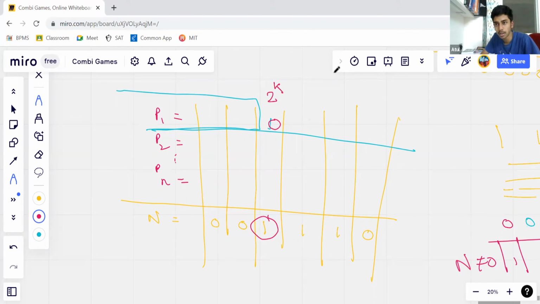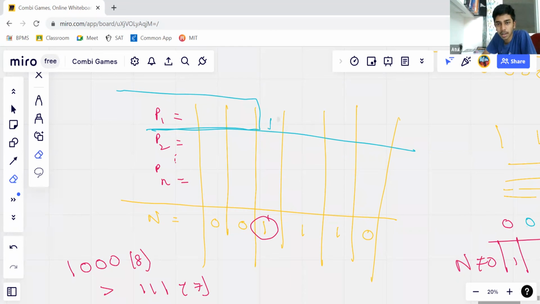Does everyone agree? This 2 to the k here is worth more; let me put it this way: this is 8, which is bigger than 111, which is 7, in binary of course.